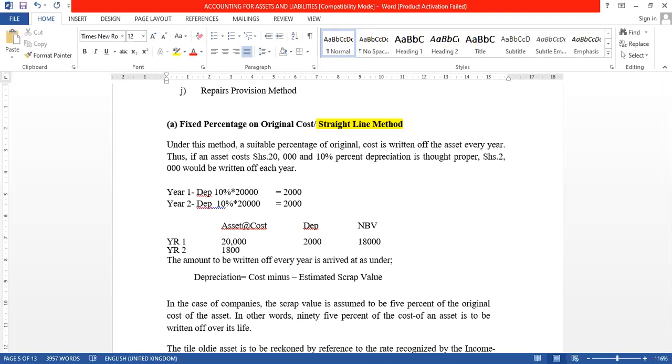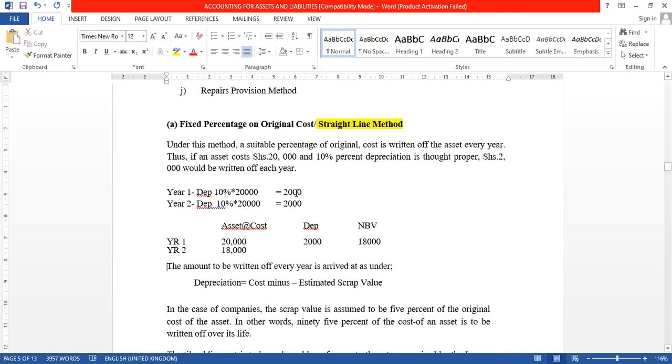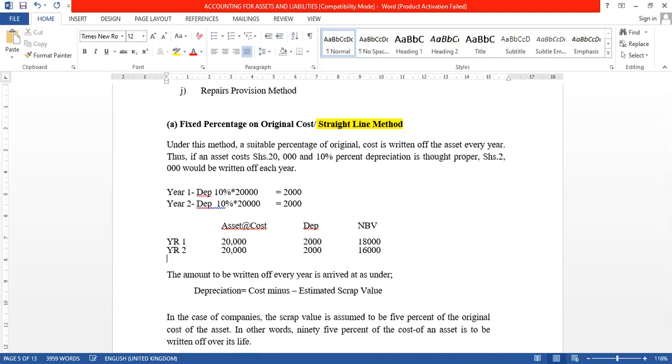The cost, the price at which we bought it, will not change, right? The depreciation will be 2,000 for that year, which is 10% of the 20,000. And the value at the end will be 16,000. Can you see that? Because now we have 2,000 for year one and 2,000 for year two, right?